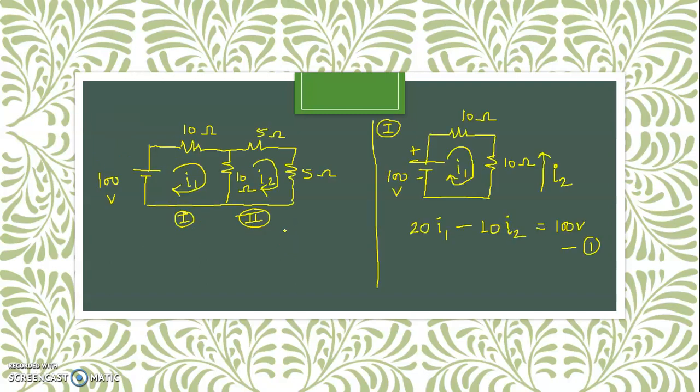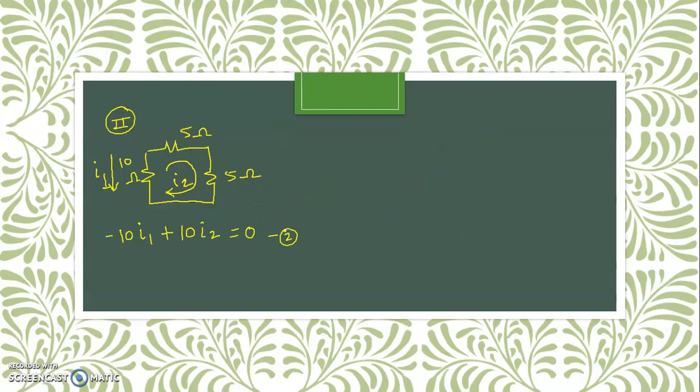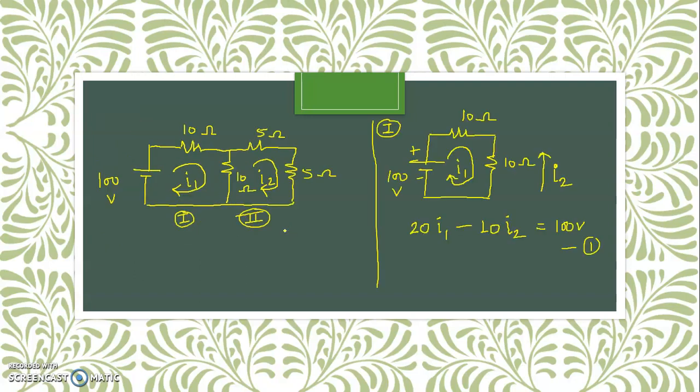So in expression 1 we get 20 I1 minus 10 I2 equal to 100 volt, and in the second expression we get minus 10 I1 plus 20 I2 equal to 0. Now you can solve these two expressions.